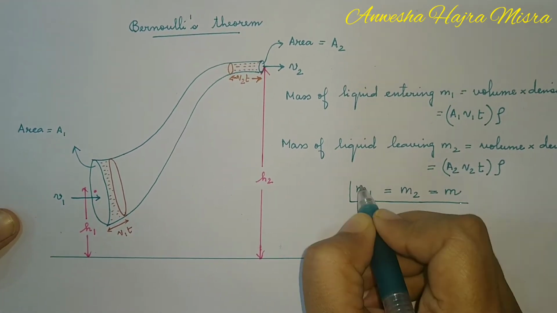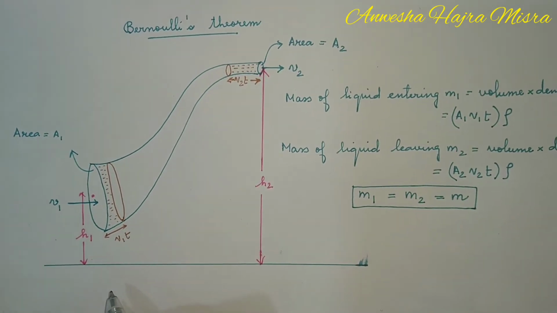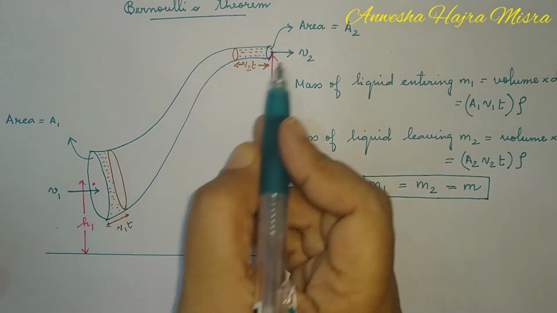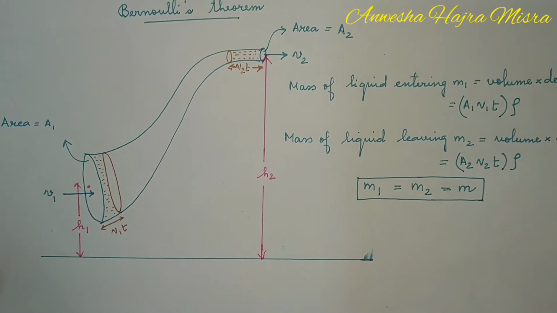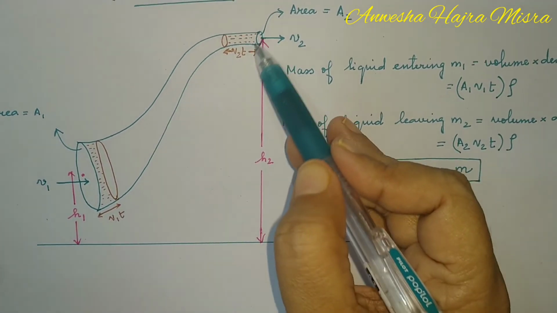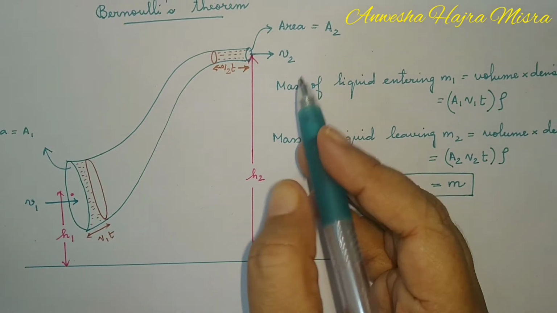Now tell me which velocity is greater, v1 or v2. From the equation of continuity, we know if you decrease the area, speed of the liquid will increase.